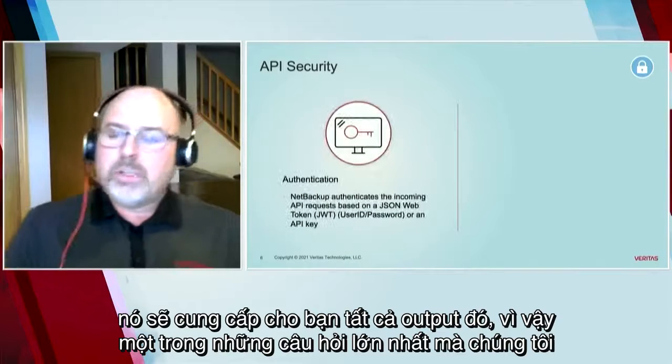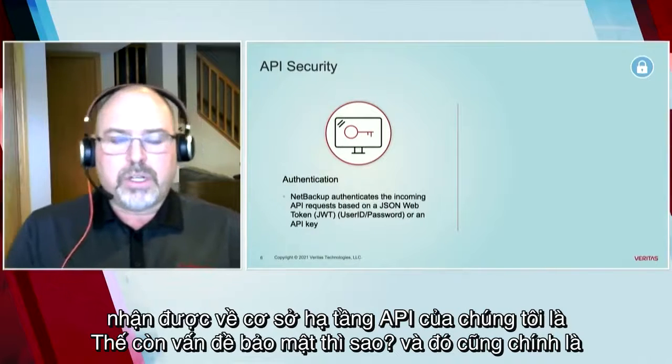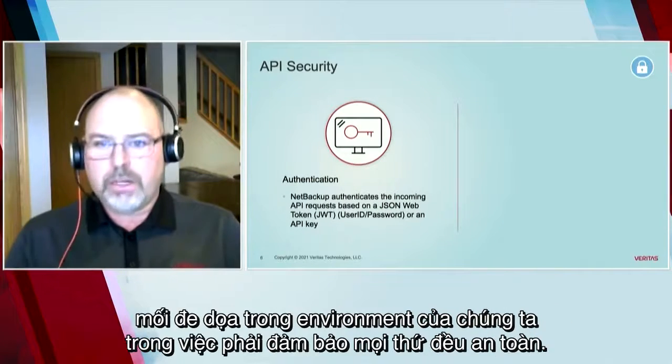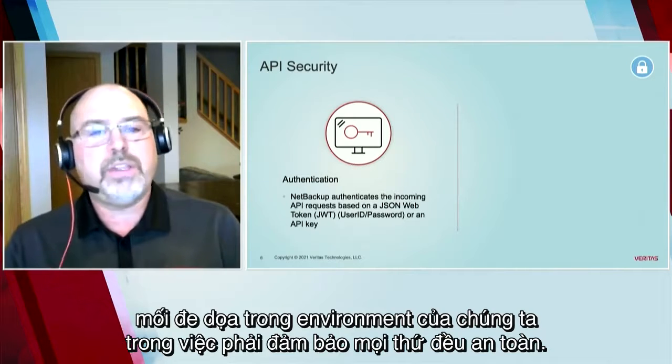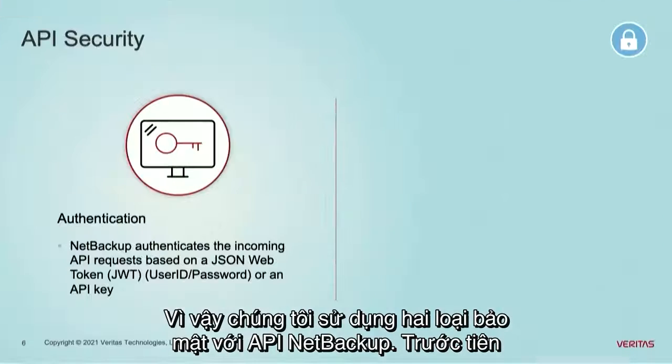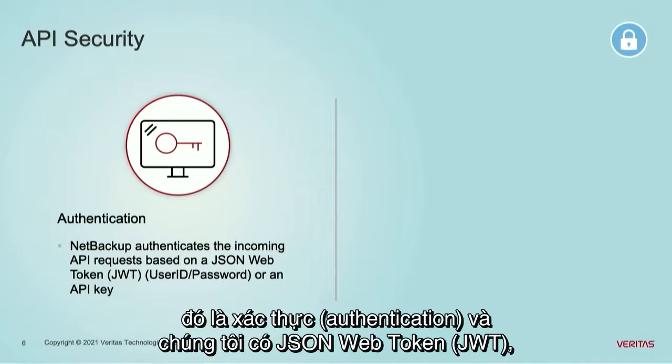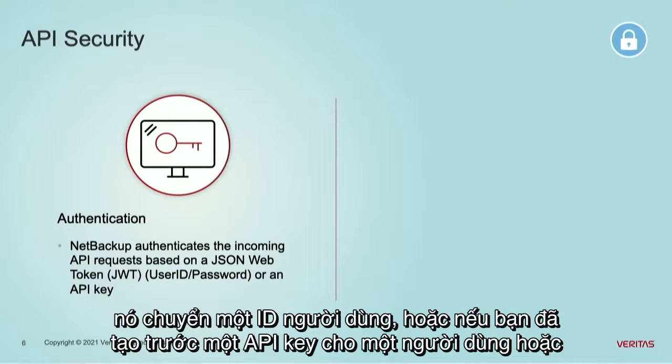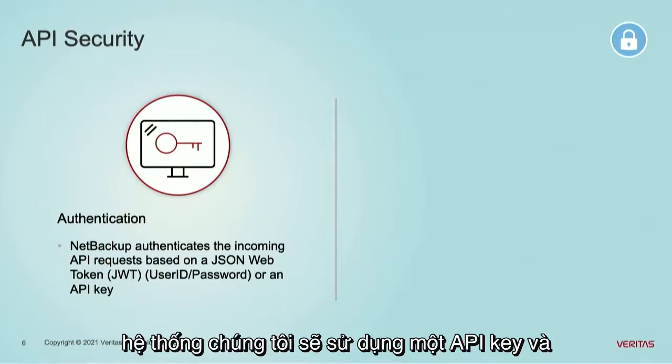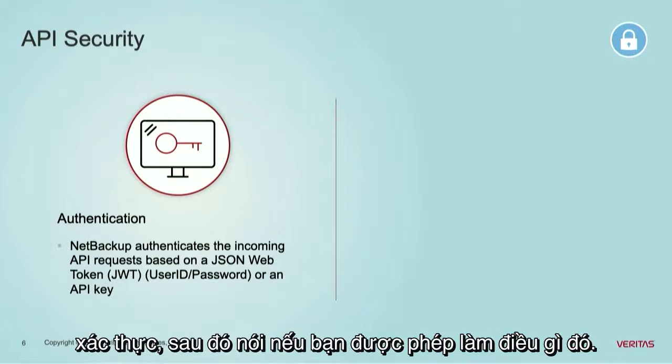One of the biggest questions we receive about our API infrastructure is, what about security? That's our biggest threat in our environment, making sure everything is secure. So we use two types of security with the NetBackup APIs. First, it's authentication. We have a JSON web token that passes a user ID, or if you pre-created an API key for a user or system, we'll use an API key. And that authentication then says if you're allowed to do something.